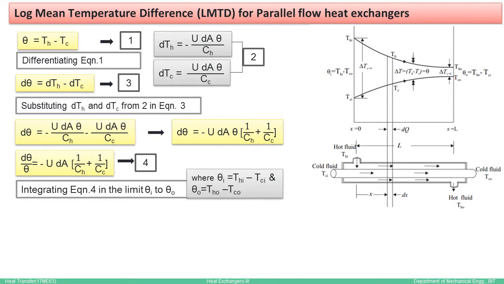Now integrating equation 4 within the limits theta i and theta naught. Remember, theta i is the temperature difference at the inlet, Thi minus Tci, and theta naught is the temperature difference at the outlet, Tho minus Tco.